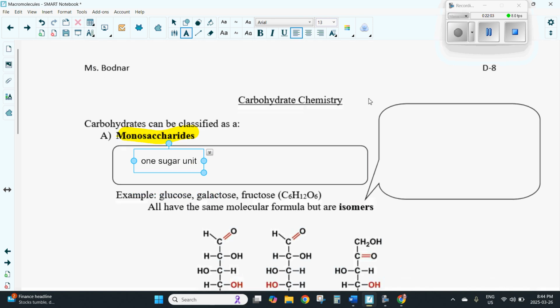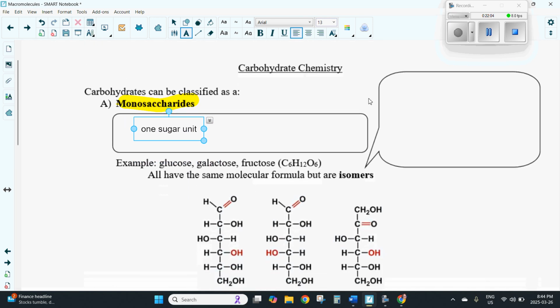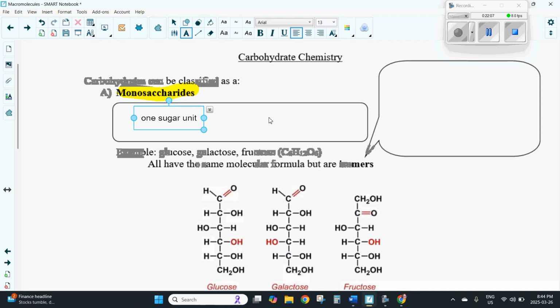The examples of monosaccharides, and I will only ever ask you to know these three, are glucose, which you already know. That is the easiest sugar unit or carbohydrate that our body breaks down in cellular respiration. And so you have glucose, galactose, and fructose.